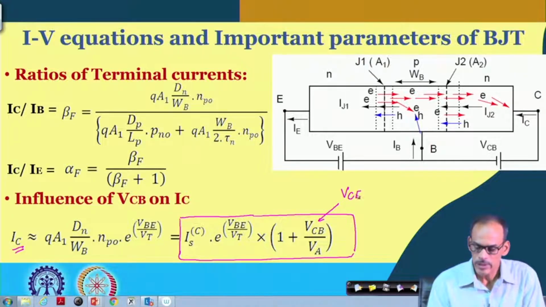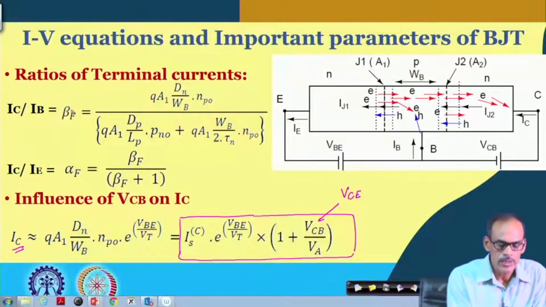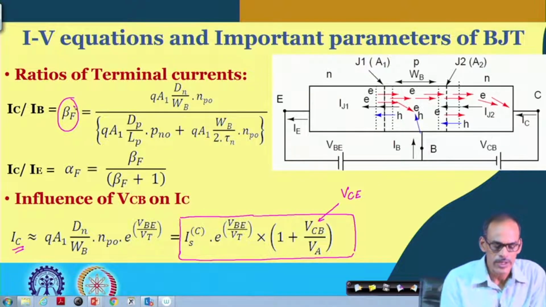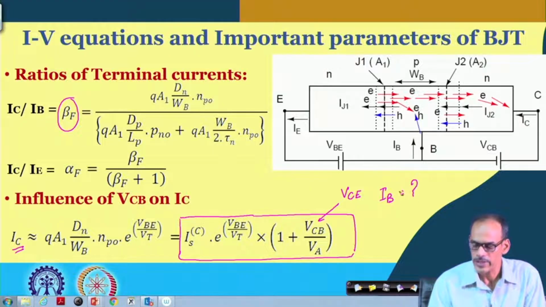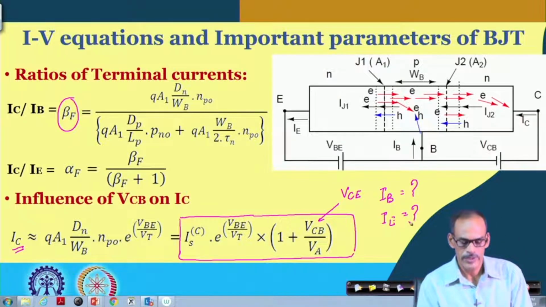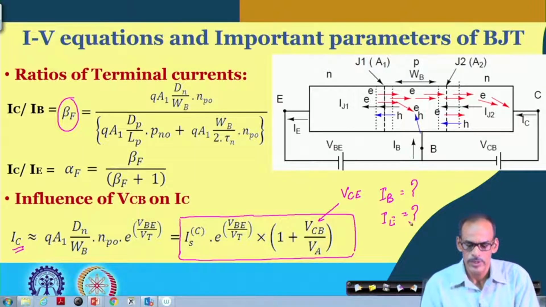On the other hand, using this expression of the collector current, and using the factor beta_F, you can find the expression of IB, you can also find the expression of IE. So, that is what we are expecting for circuit analysis, so that these equations need to be given to us to go for further analysis of circuits containing BJT.